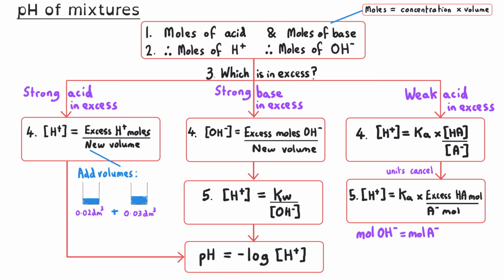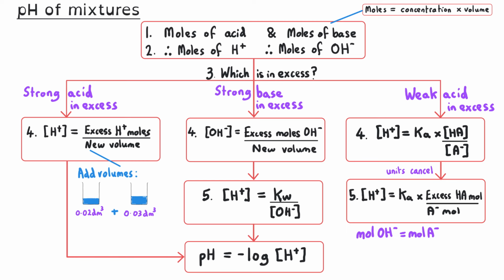Now, the excess moles of acid, which we calculated at an earlier step, is easy to find. But the mistake that people often make is with the A minus moles. And the way that we find out the moles of A minus that have been produced is by looking at the moles of base that we used in the first place, or the moles of OH minus more precisely that we used in the first place, because the moles of conjugate base that we produce is going to be equal to the moles of hydroxide used.